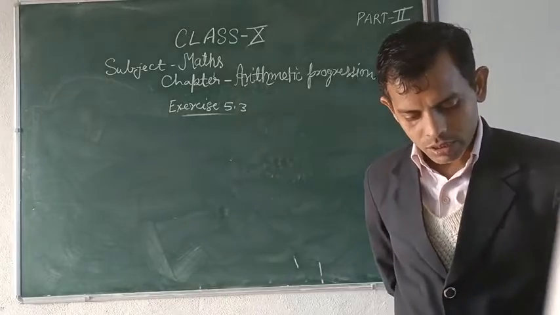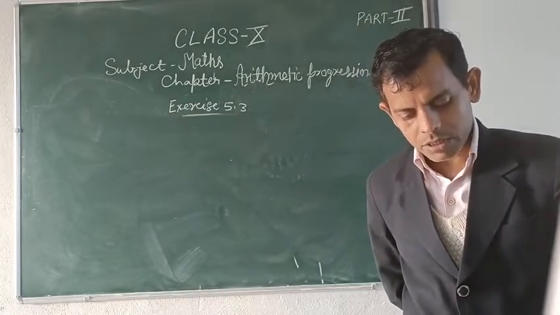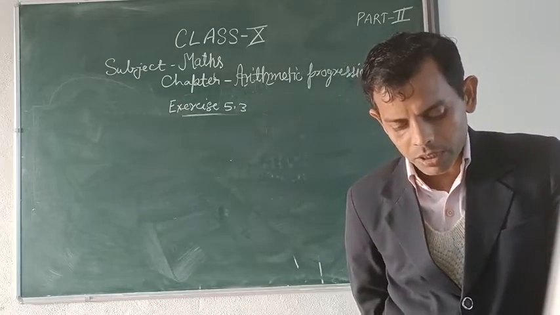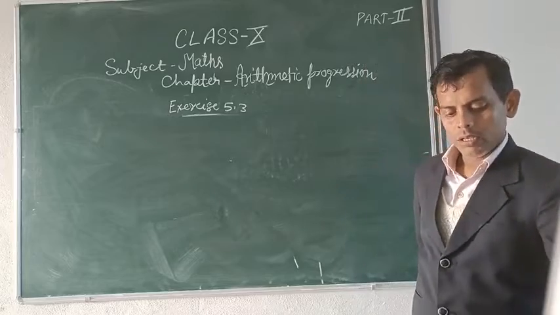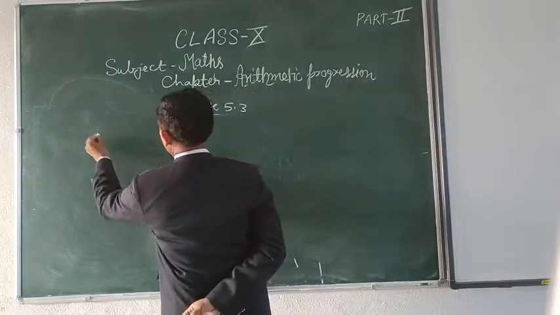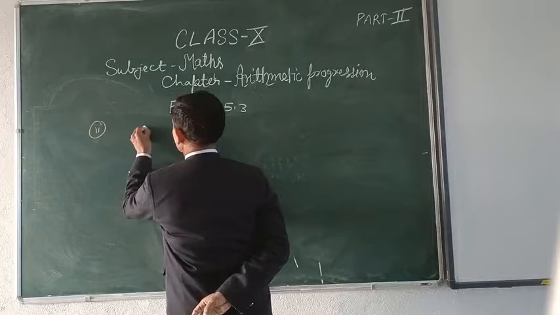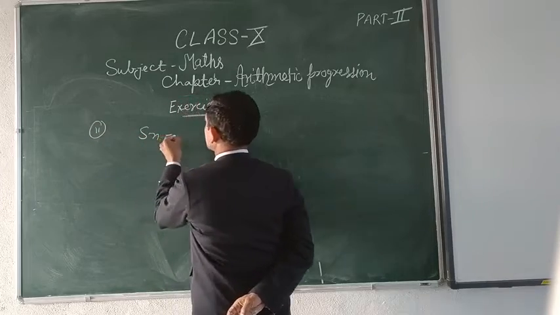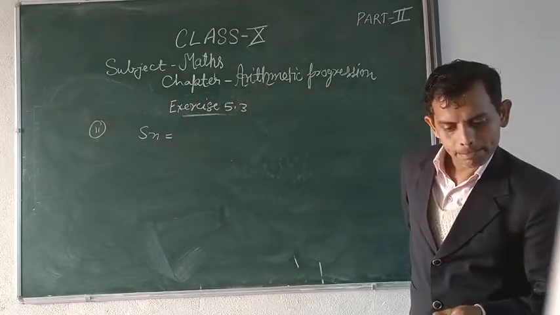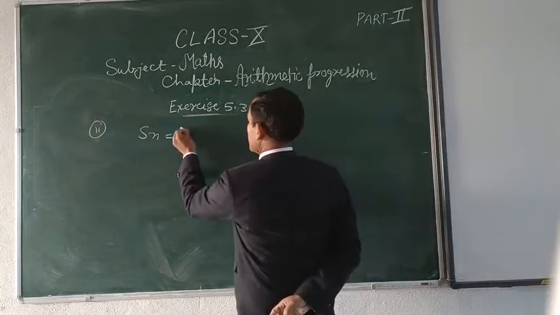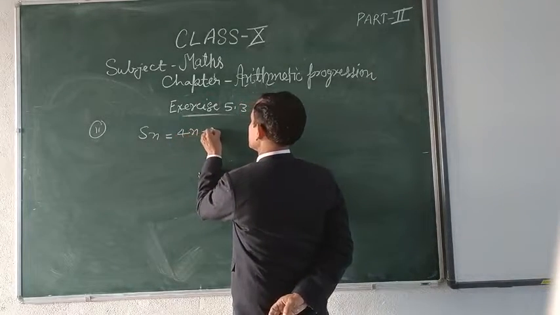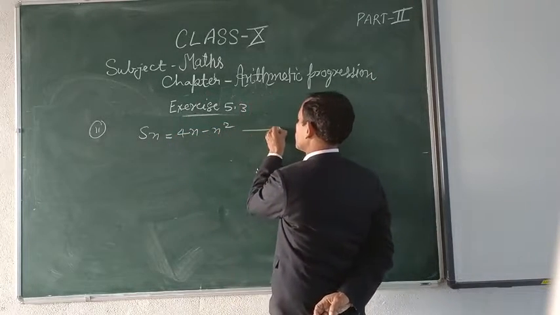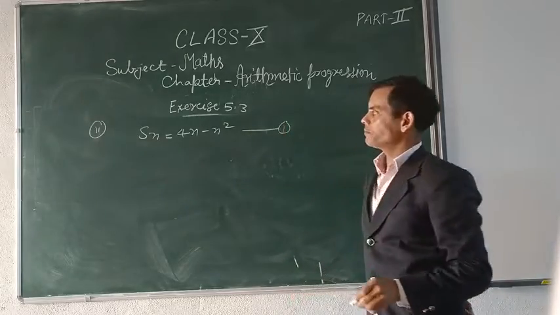Question number 11. If the sum of the first n terms of an AP is given as Sn equal to 4n minus n square. This is the question. Okay.